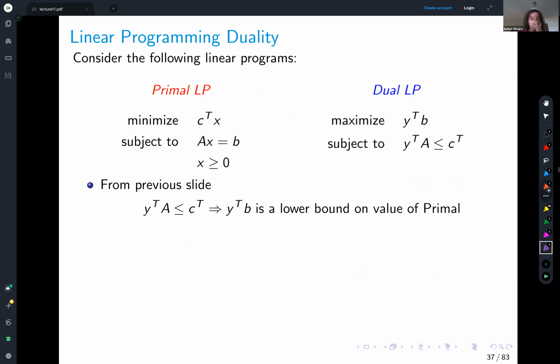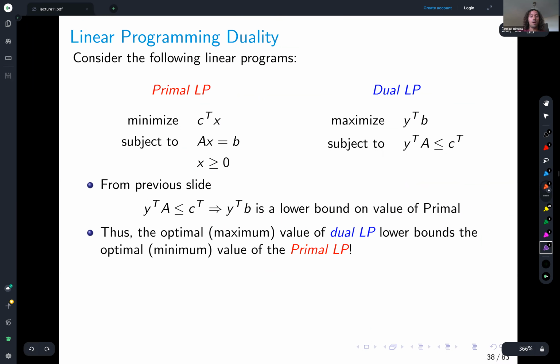From the previous slide, what did we show? We showed that if Y transpose A is less than or equal to C transpose, Y transpose B is a lower bound. And so the maximum value of the dual lower bounds the minimum value of the primal. This is already what is known as weak duality.